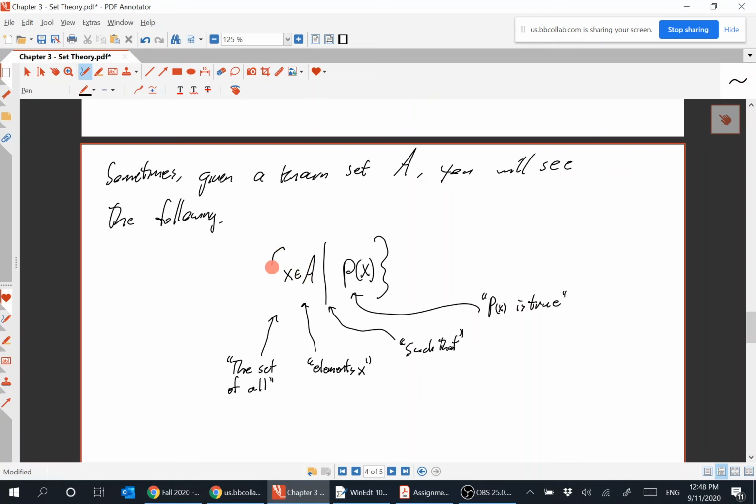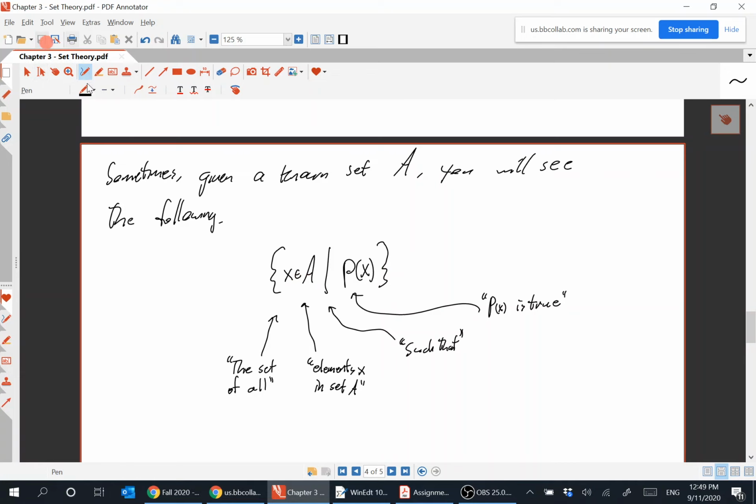Given a known set A, sometimes you'll see this: elements X in set A. So you've got this known set, and you're creating a subset of that known set. And so they'll write X in A.